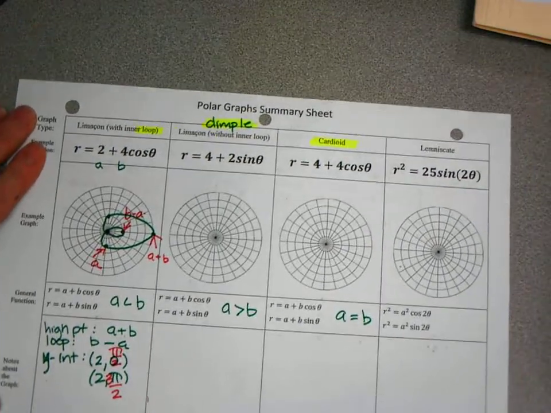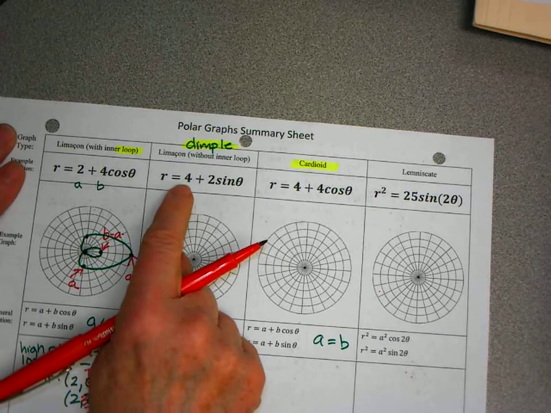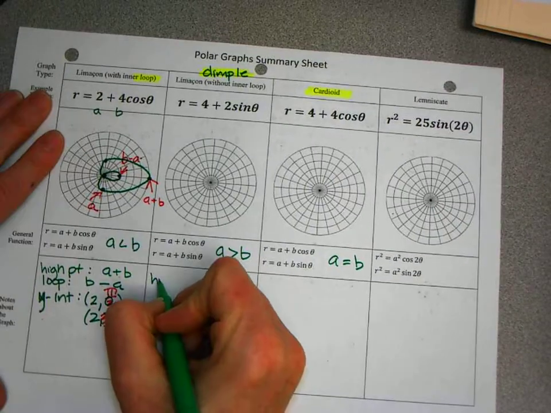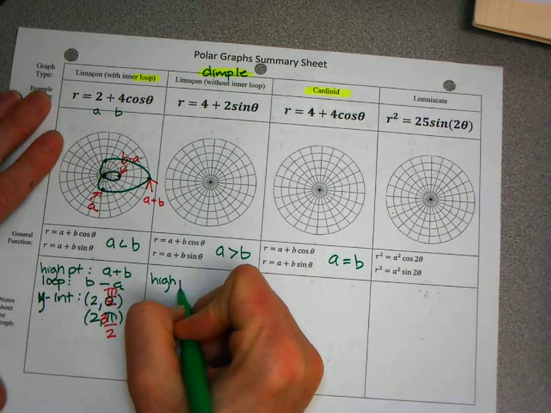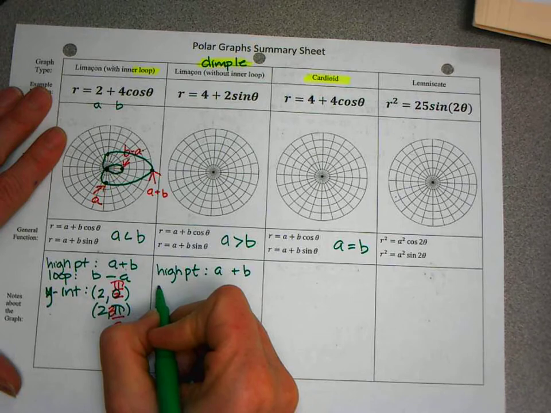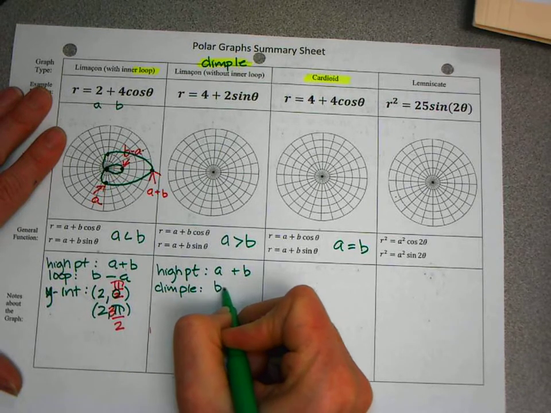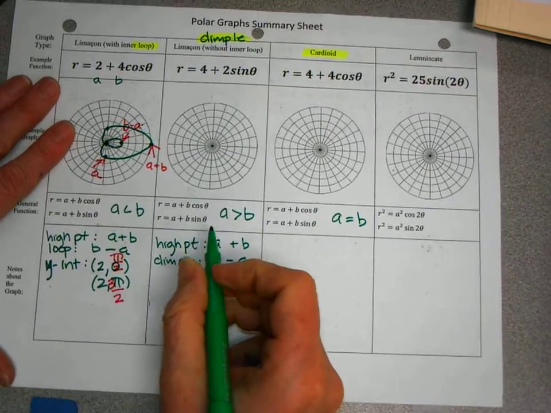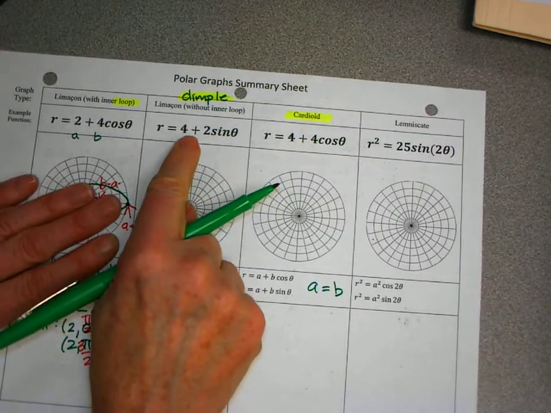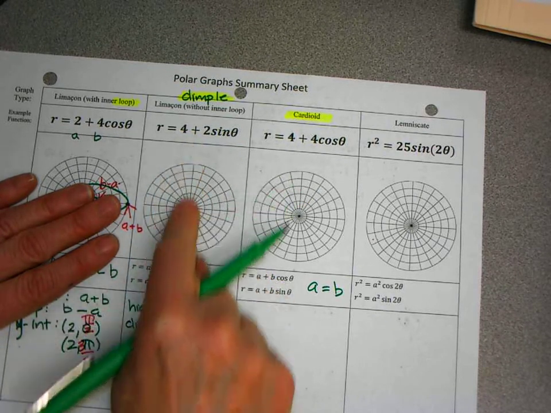All right, let's do a dimple. We see that A is greater than B. Let's go through what the high point is. The high point is A plus B. Then the dimple itself is going to be B minus A. And then the intercepts, in this case it's a positive sine, so the dimple is going to be on the y-axis.